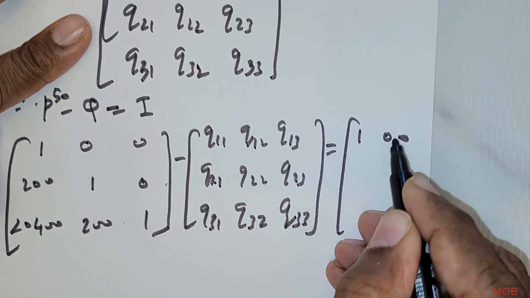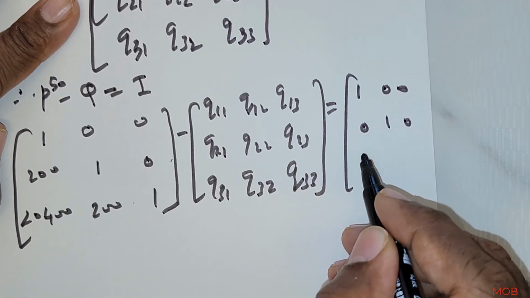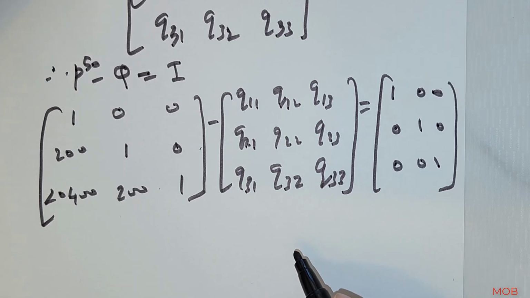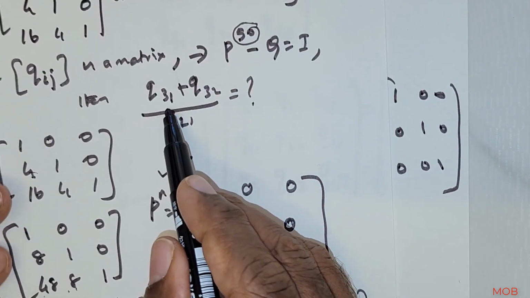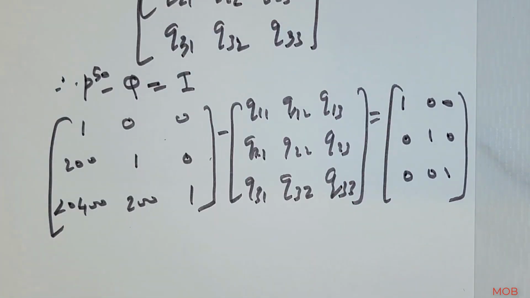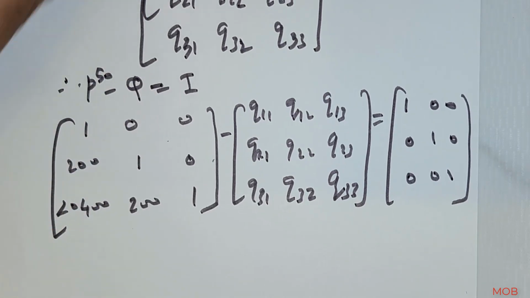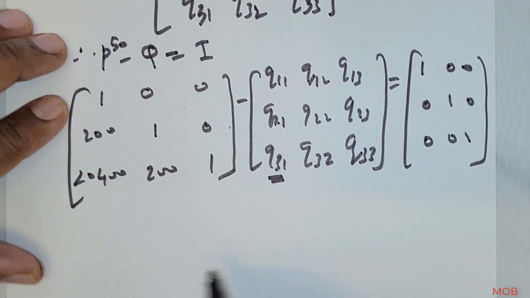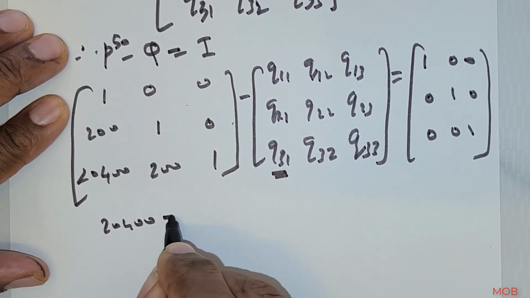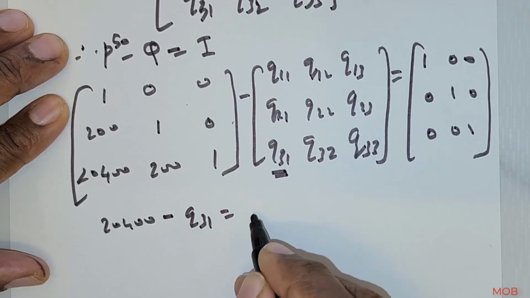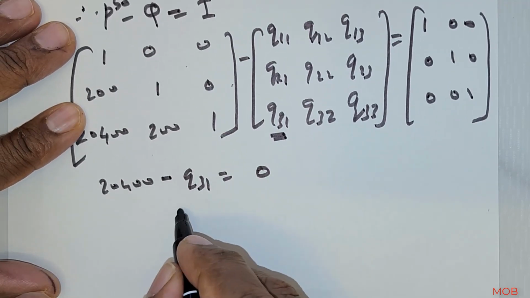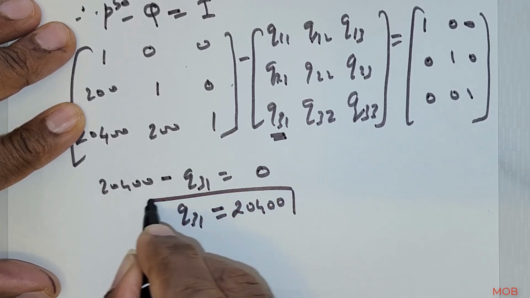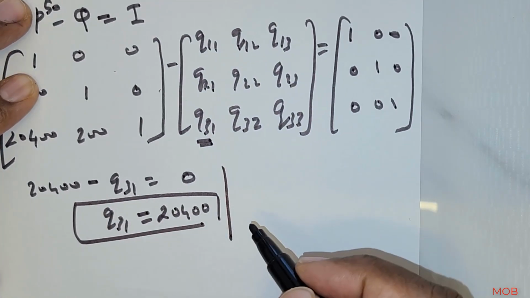So 1 0 0, 0 1 0, 0 0 1. Okay. So now they want us to find Q31. So where do we get Q31? Q31 is over here. So 20400 minus Q31 is equal to 0. Therefore Q31 is equal to 20400. Okay, that's the first part.